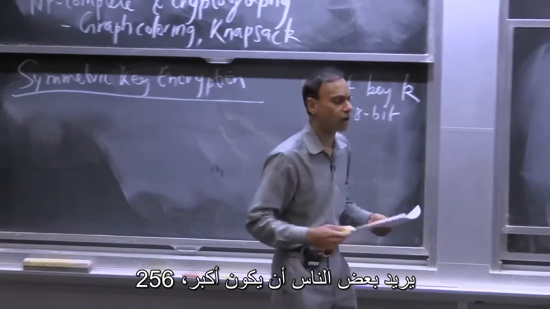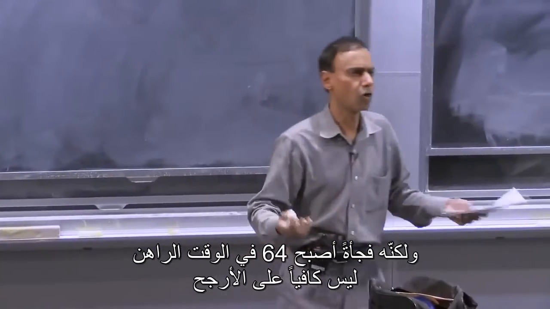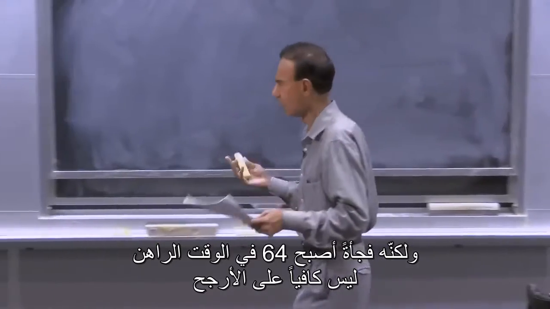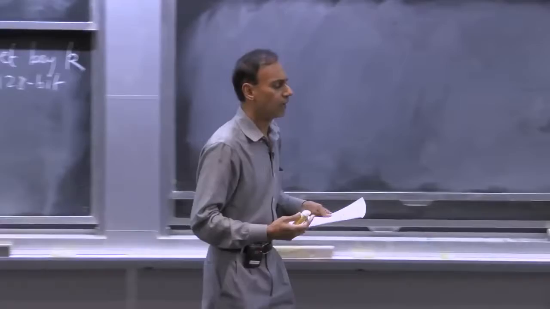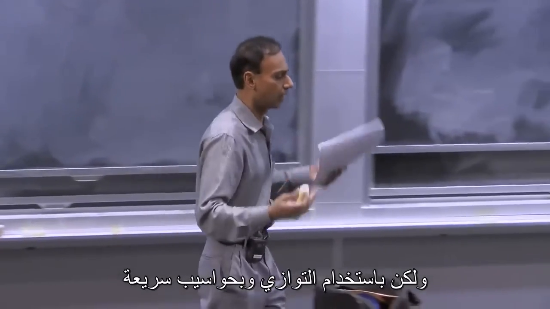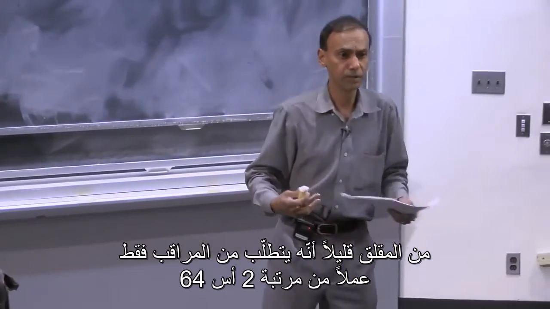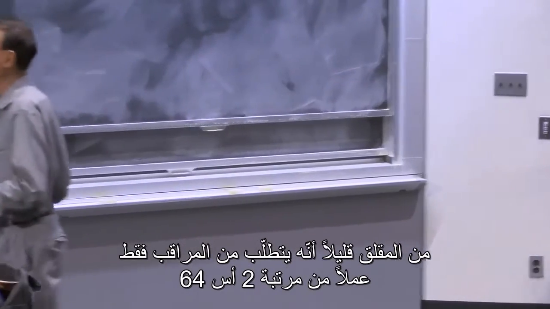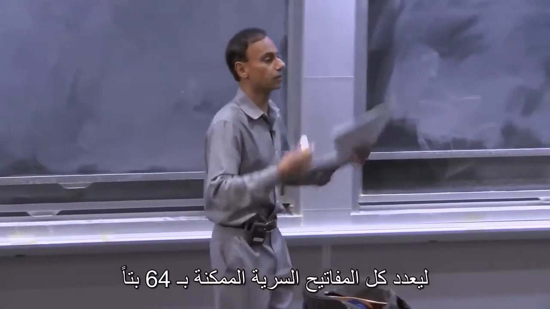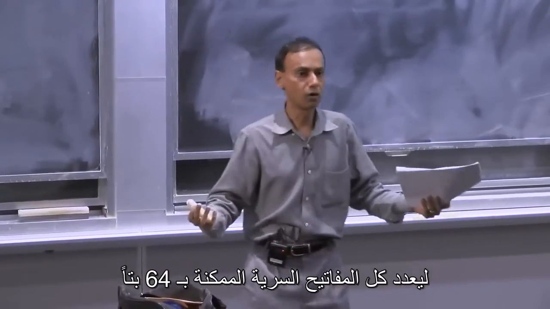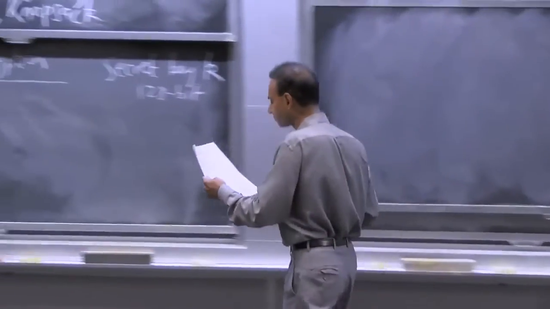Some people want it to be larger, 256, but certainly 64 at this point is probably not enough, even though 2 raised to 64 is still a fairly large number. With parallelism and with fast computers, it's a little worrisome that the adversary only requires 2 raised to 64 work to enumerate all possible secret keys of 64 bits, right? So 2 raised to 128 is much better.